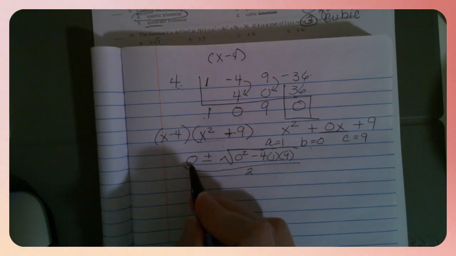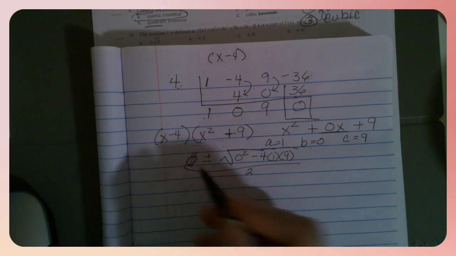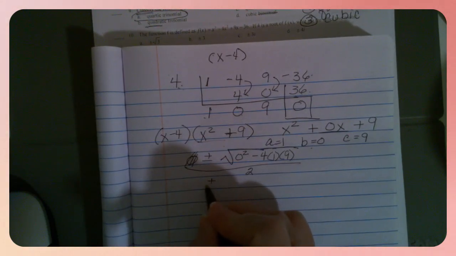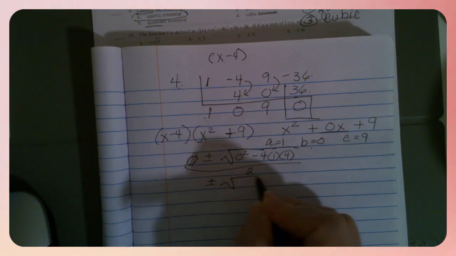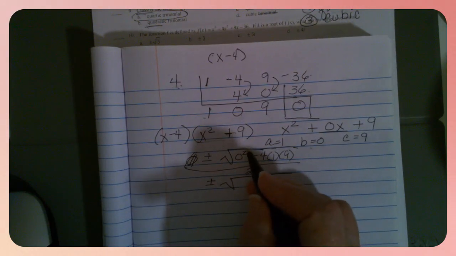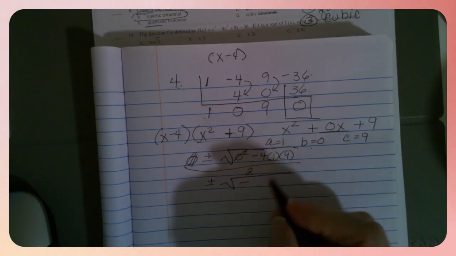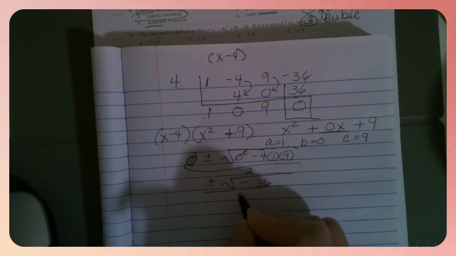All right, we can take that 0 off when we're adding. So it's just going to be plus or minus the square root of 0 squared is 0, minus 4 times 9, 9 times 4 is 36, over 2.